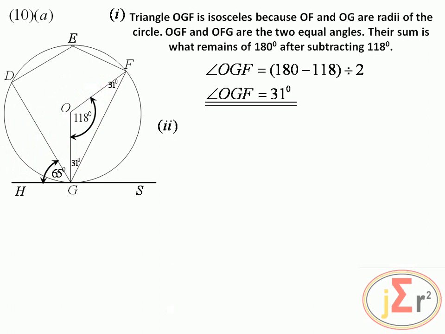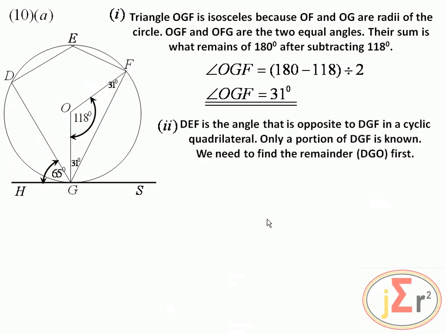What is our next angle? DEF. What is significant about DEF? DEF is the angle that is opposite to DGF. It is opposite to DEF.